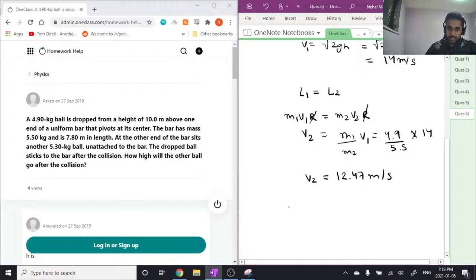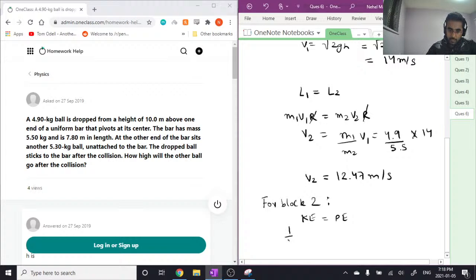So for block 2, KE equals potential energy.